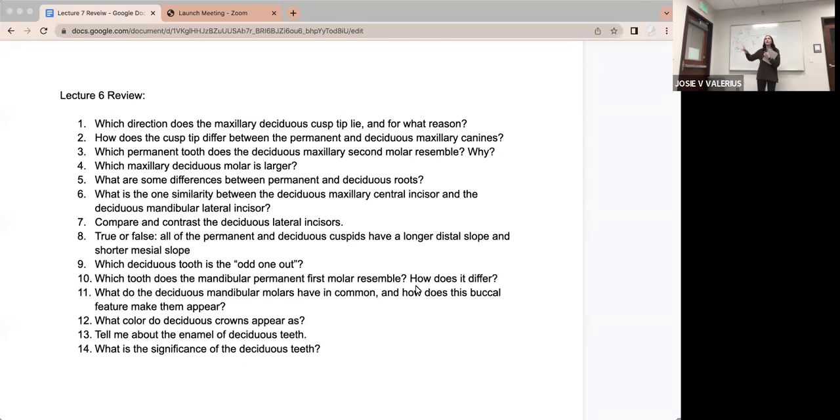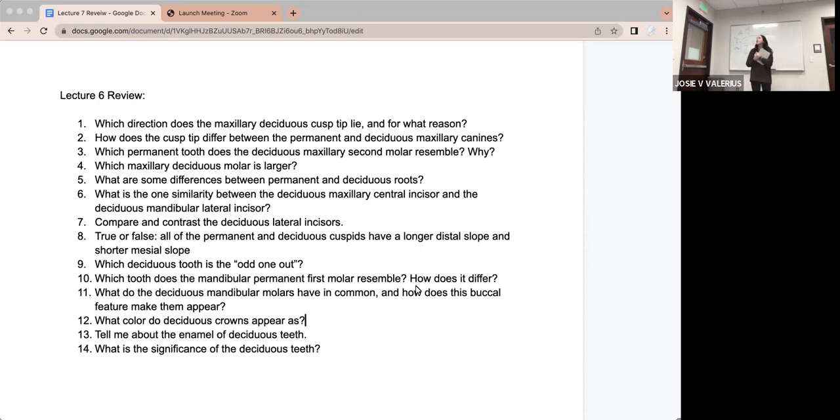But he'll also ask you how the enamel is different. The permanent is not as bright, the deciduous is way brighter. Is it thin? Is it thicker? He's gonna ask those questions again. So as you're comparing the shapes and sizes, also think about the general differences.